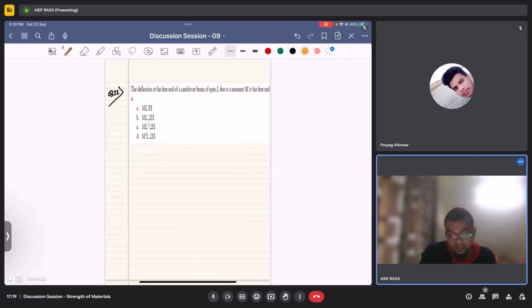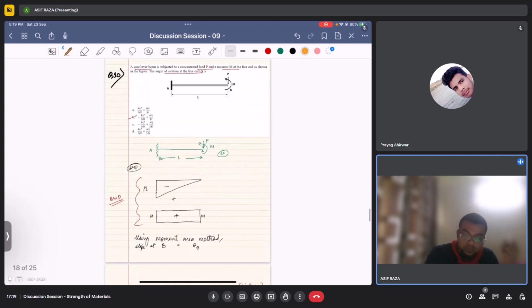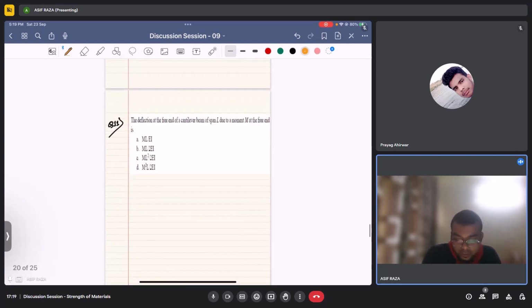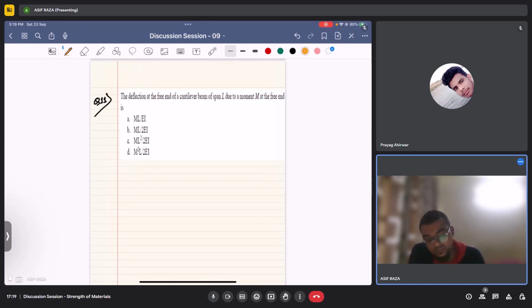So the question is, the deflection at the free end of a cantilever beam of span L due to a moment at the free end is. So earlier the question was about the slope, right? This time the question is asking about the deflection at the free end of a cantilever beam due to a moment at the free end.